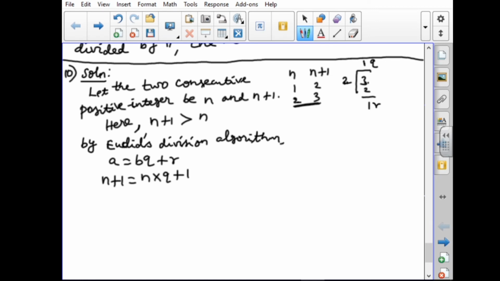Here the remainder is not 0, so again we have to divide, for some integer q. Here the remainder is 1.